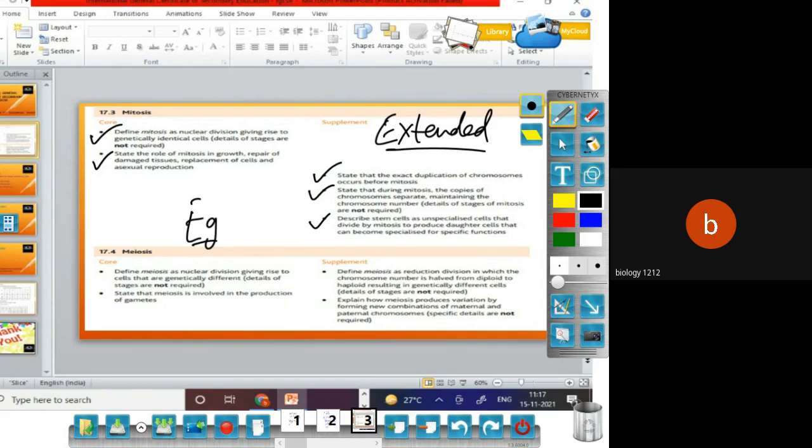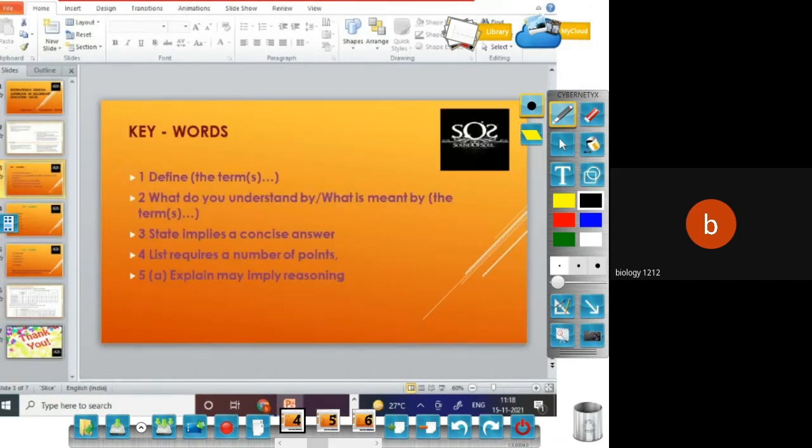Whereas an extended student defines meiosis, haploid and diploid, and explanation of the variation. This is what the extended student should know. When you are reading through your syllabus, please keep in mind whether you want to go for core or extended.